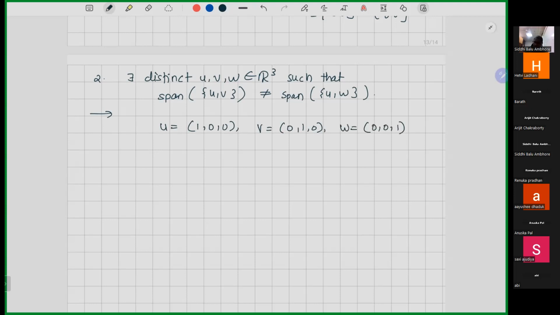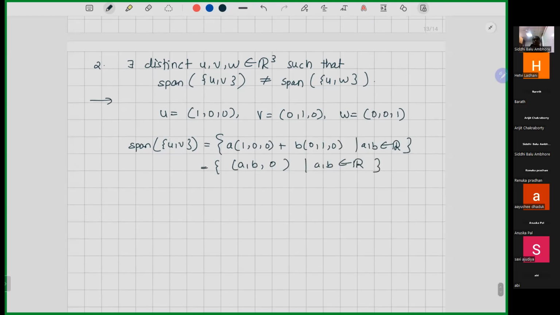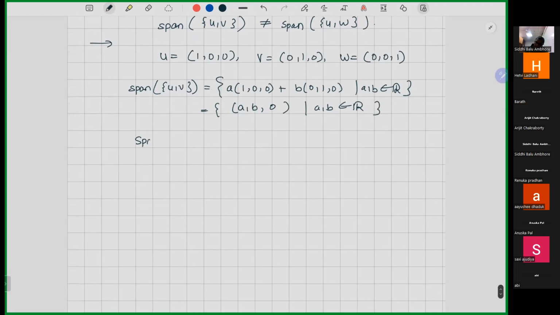Okay, so now what is the span of u comma v? It is A into (1, 0, 0) plus B into (0, 1, 0) such that A, B are in R. And this is (A, B, 0) such that A, B in R, right? And now we can take the span of u comma w. What is this?